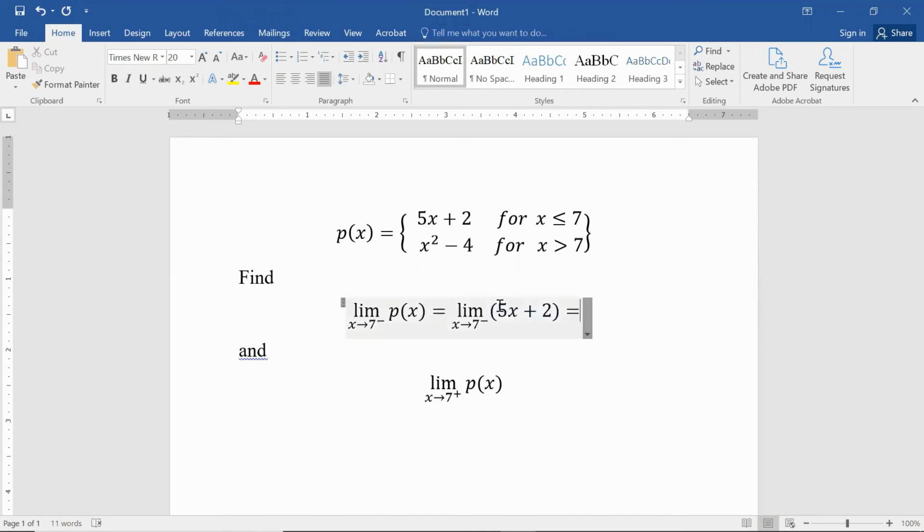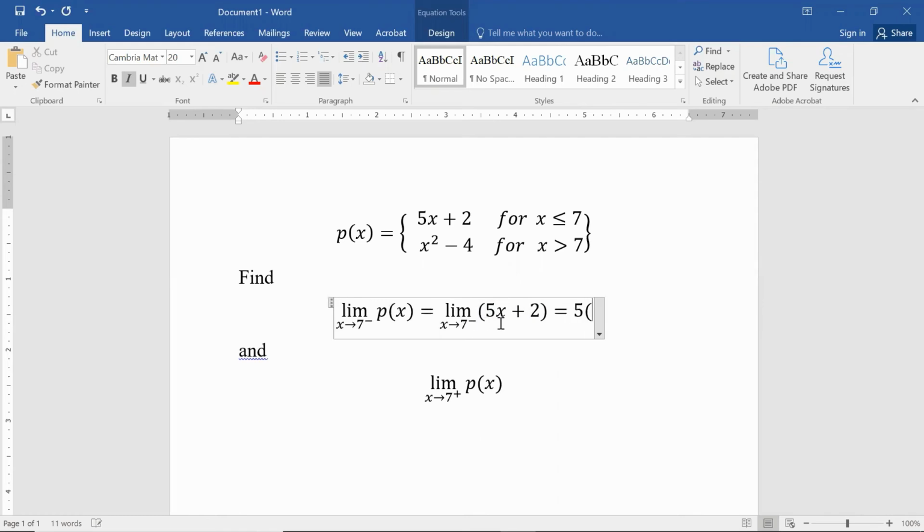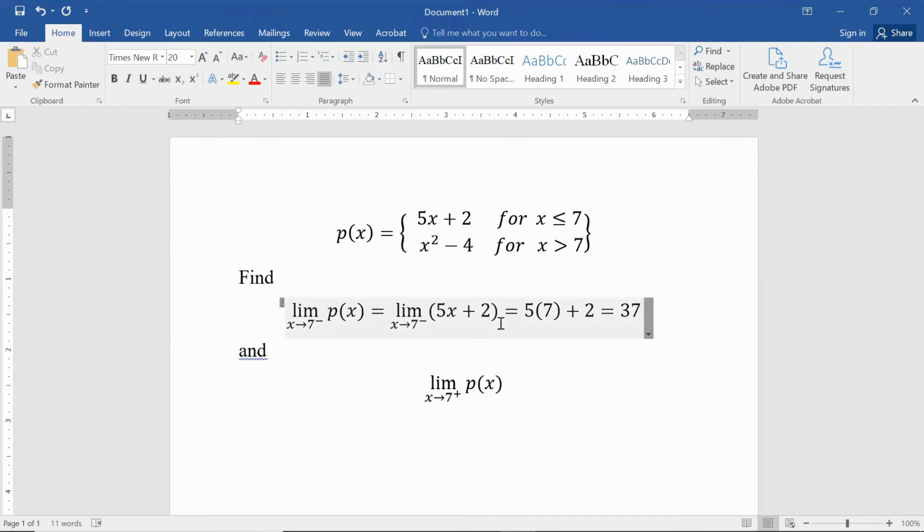Then I can just use the algebraic techniques I saw in the last section and say, all I need to do is plug in 7. 5 times 7 plus 2 gives me 37. And that's a much, much quicker approach than finding the limit using the numerical method or the graphical method.